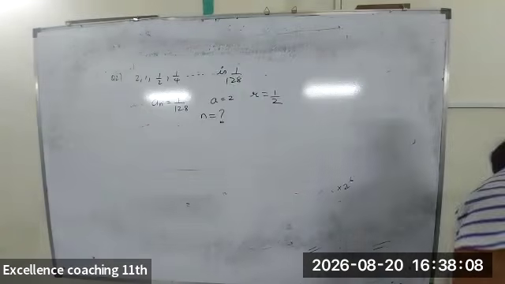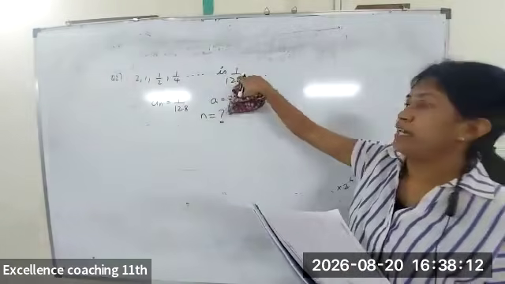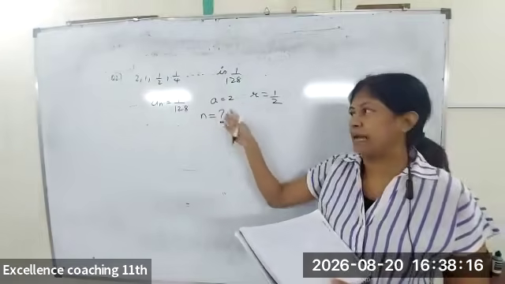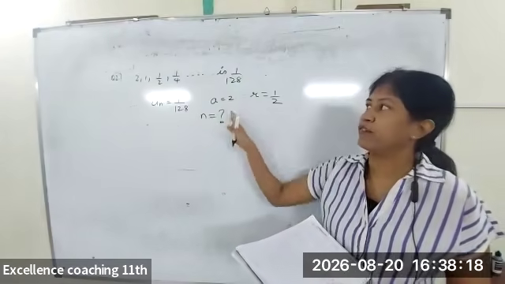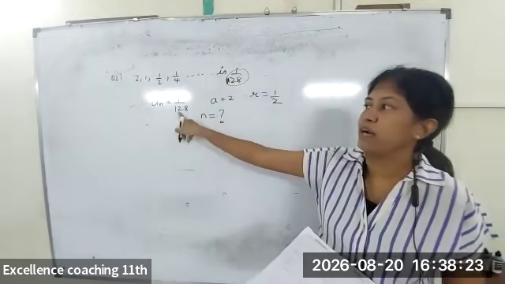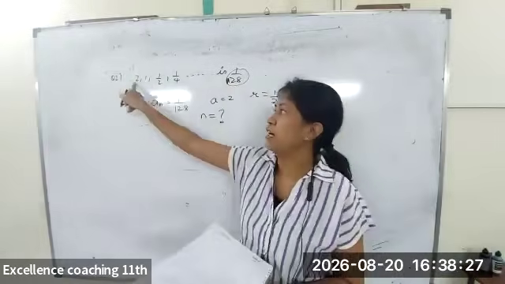Second question: which term of the GP is 128? So which term is asked? We don't know whether it is the fifth term, eighth term, or 10th term, so n we have to find. So the nth term is given as 128. A is the first term, R is the common ratio, second upon first.